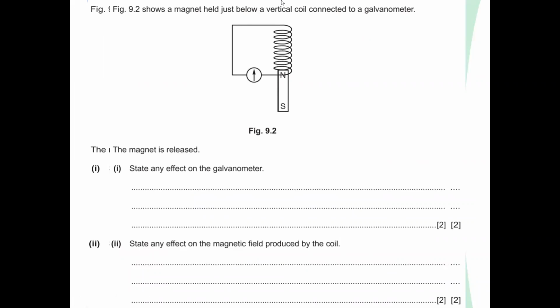Figure 9.2 shows a magnet that is held just below a vertical solenoid connected to a galvanometer. The magnet is released. So we release the magnet, and because of gravitational pull, it will go down. State any effect on the galvanometer.